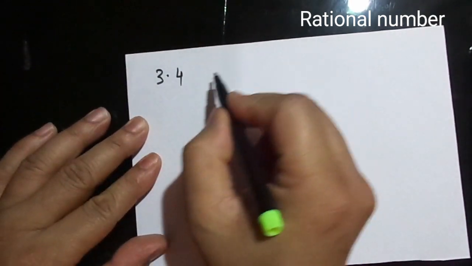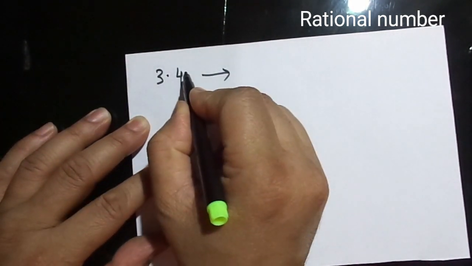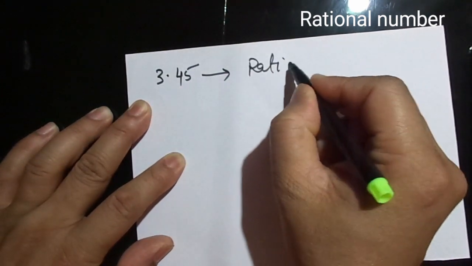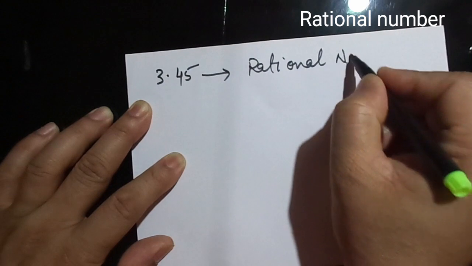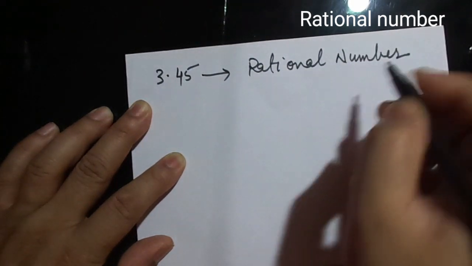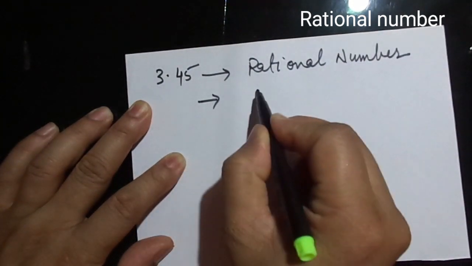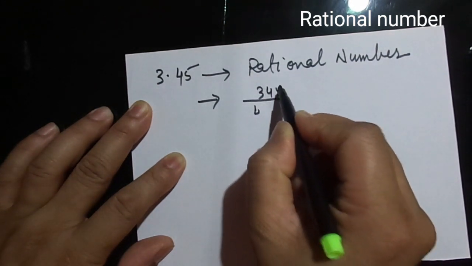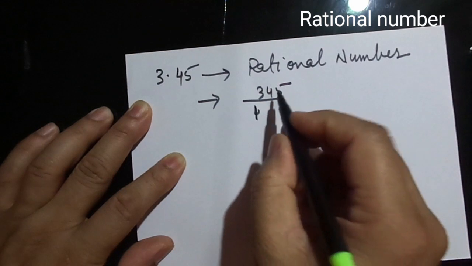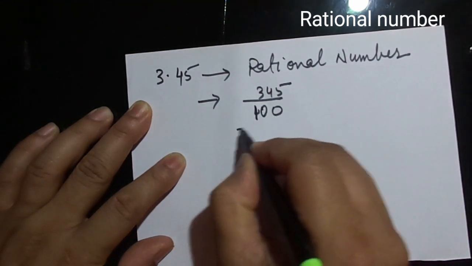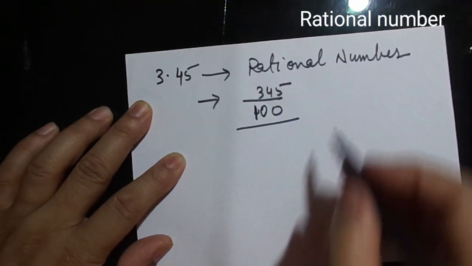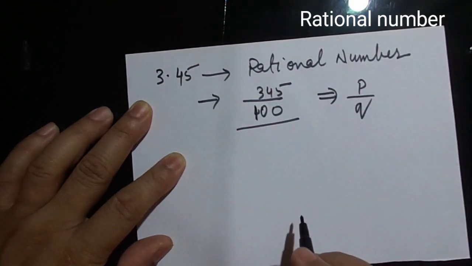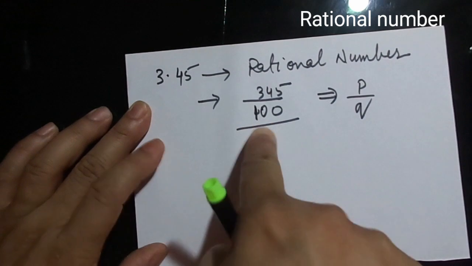We say that it is a rational number. Why is it a rational number? Because this can be written as 345 by 100. This means it is in the form of p by q, and q is not equal to 0.